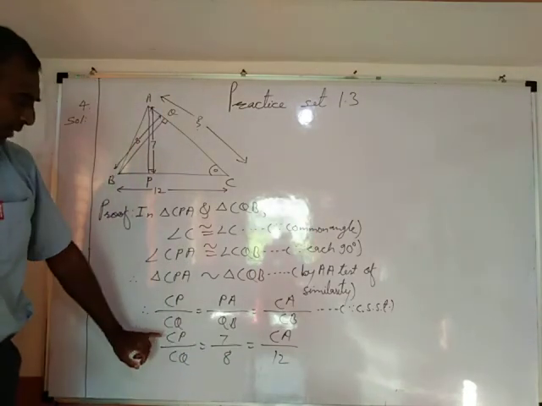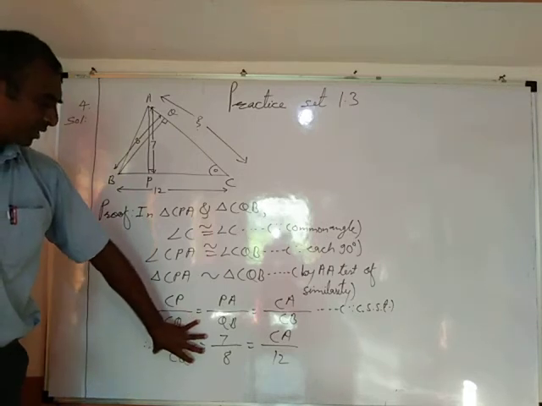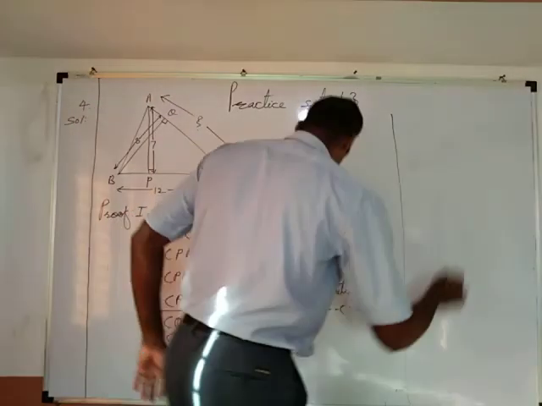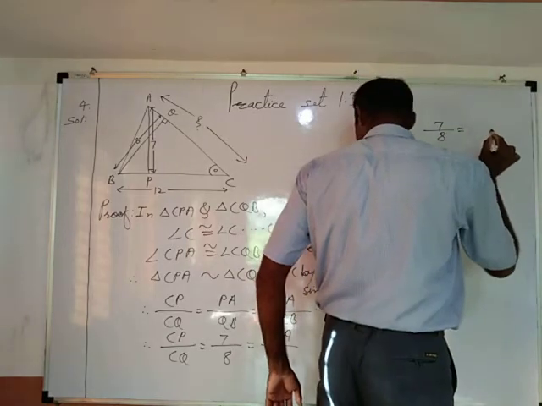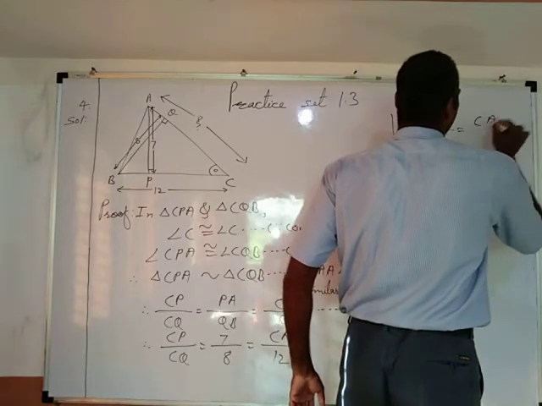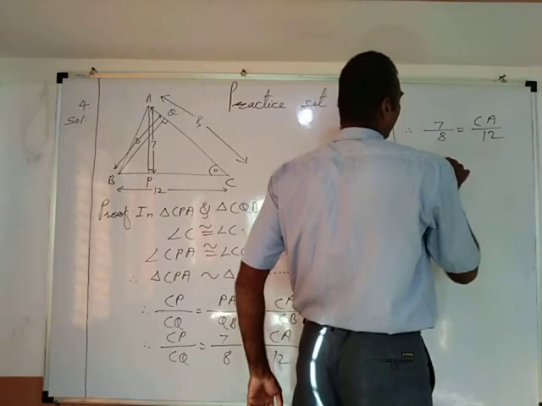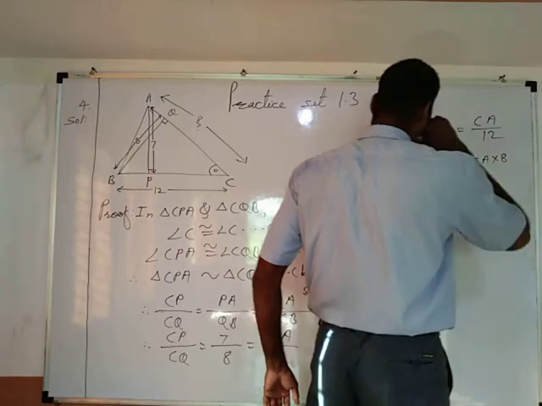Okay, first ratio equals second ratio equals third ratio. As we don't know the numerator or denominator of the first ratio, let's omit it. Let's show second ratio equals third ratio. Therefore, 7 upon 8 must equal CA upon 12. And therefore, 7 into 12 equals CA into 8.